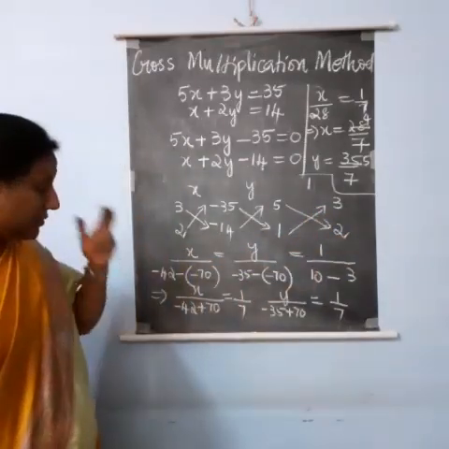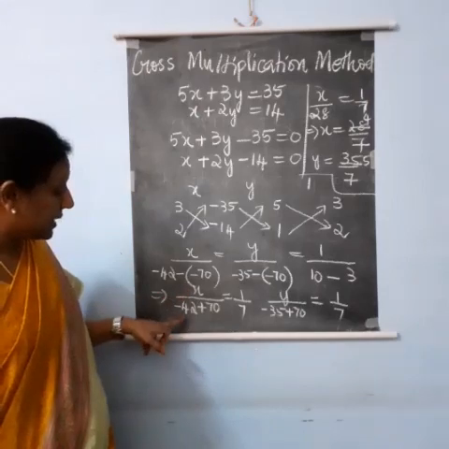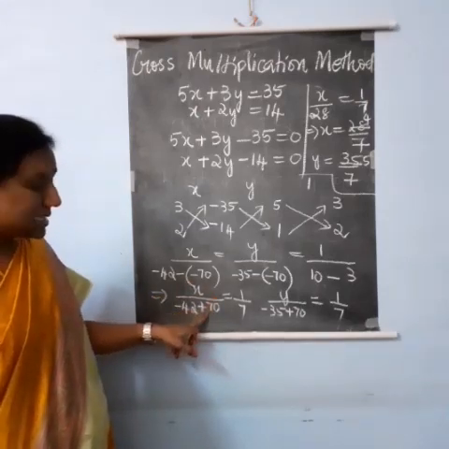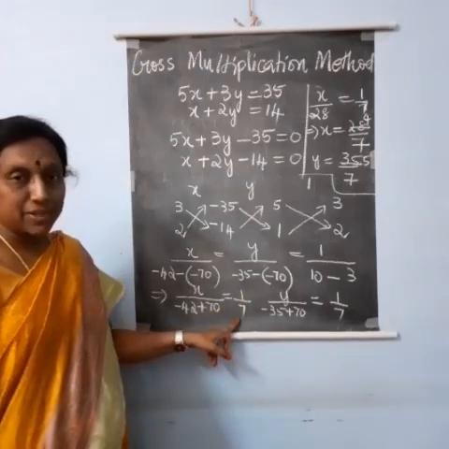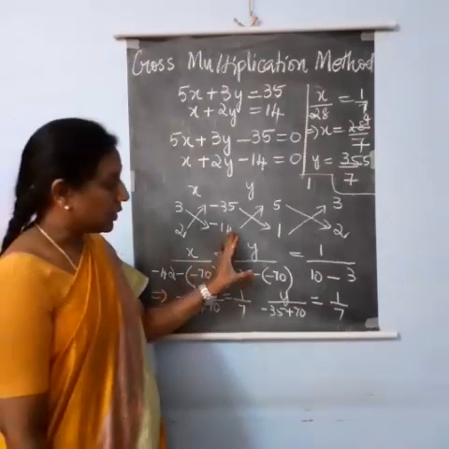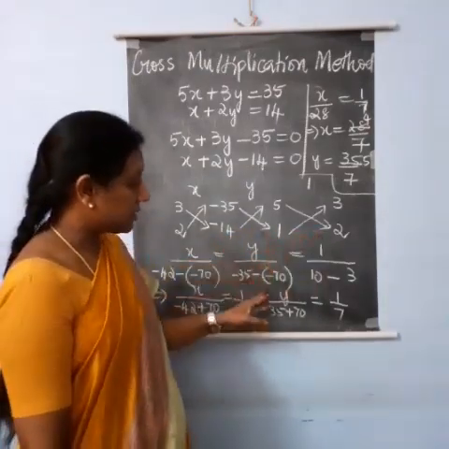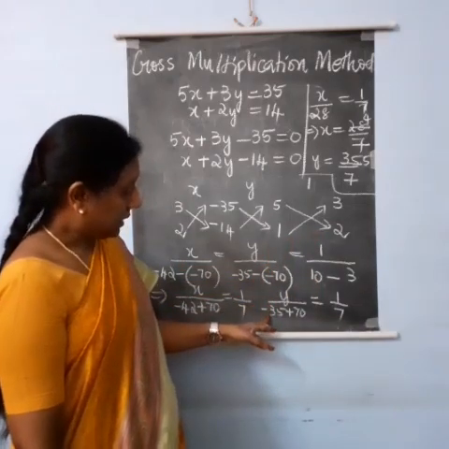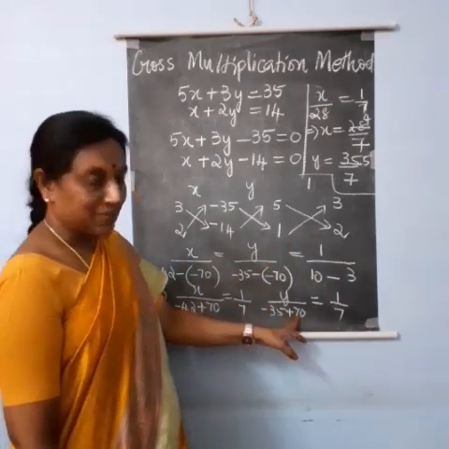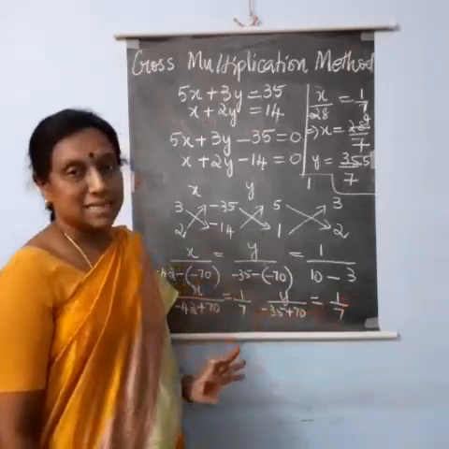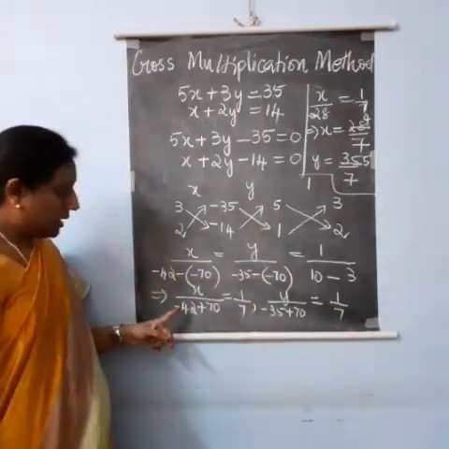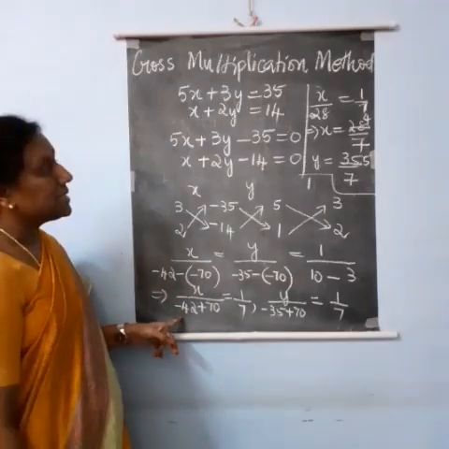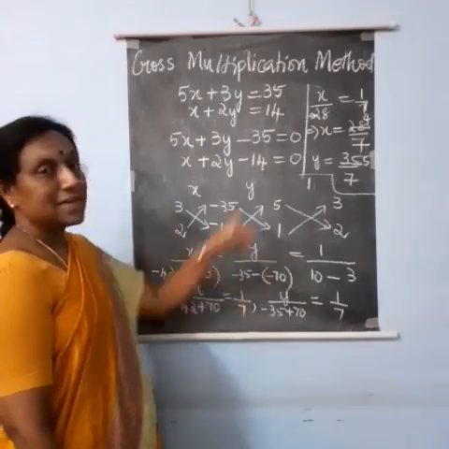Now when we simplify, what do I get? I get x by minus 42 plus 70, I've opened up the bracket, equal to 1 by 7. Then equate the y term to the constant, so that will also be y by minus 35 plus 70 equal to 1 by 7. So this will become x by 28 equal to 1 by 7.